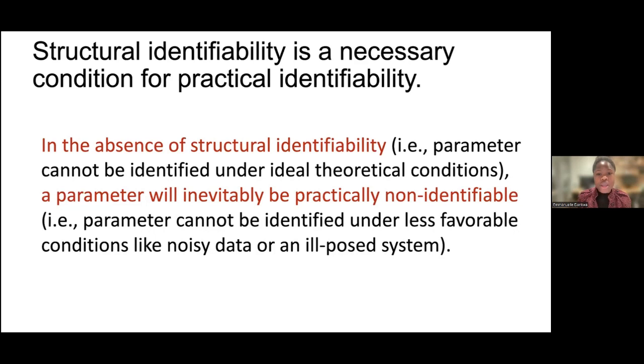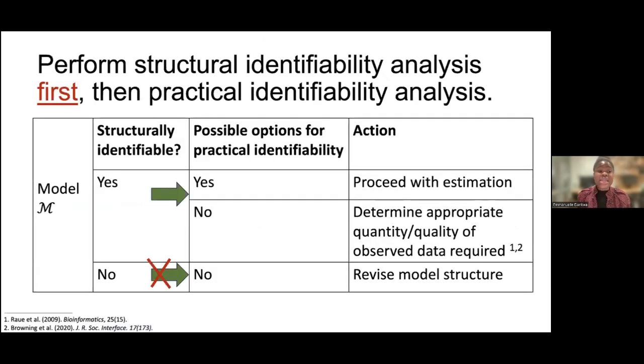And so the point this slide is making is simple. Structural identifiability is a necessary condition for practical identifiability. In other words, one would need to perform structural identifiability analysis first before practical identifiability analysis.